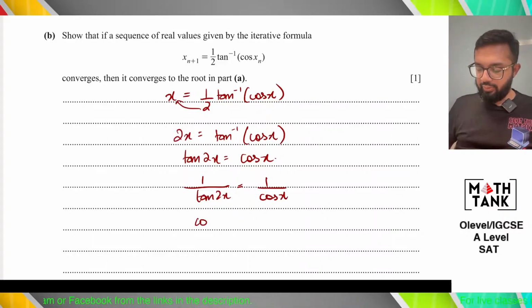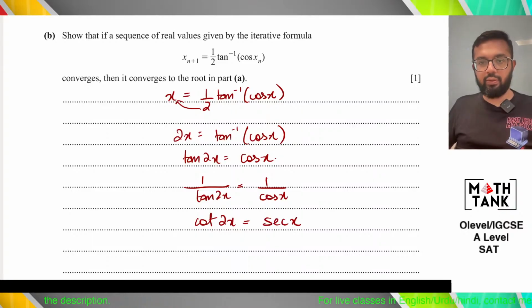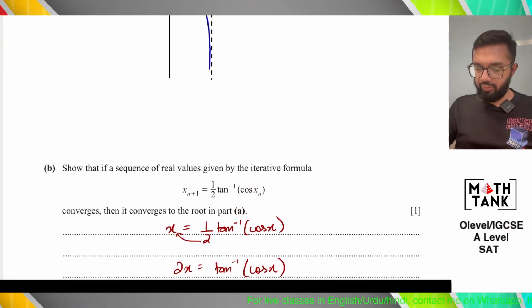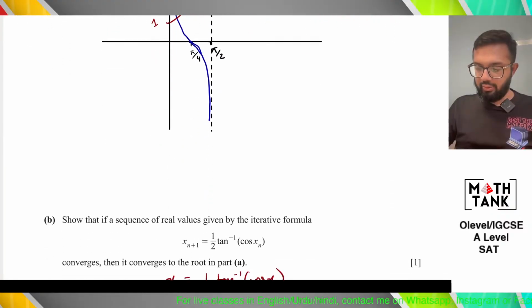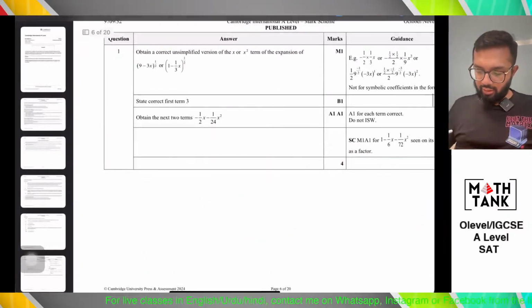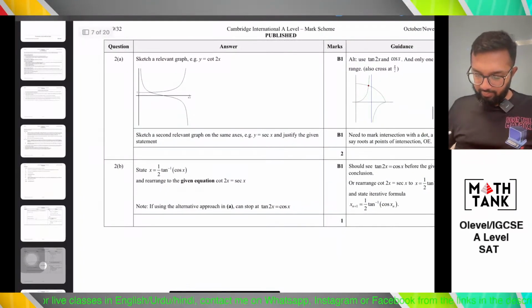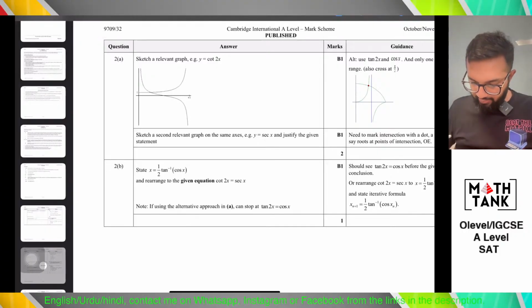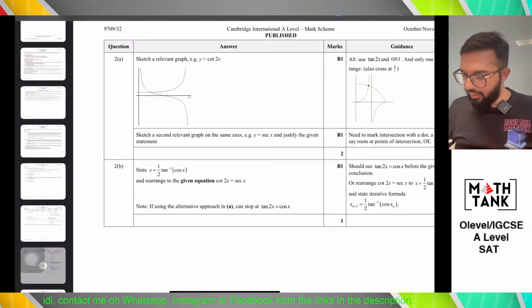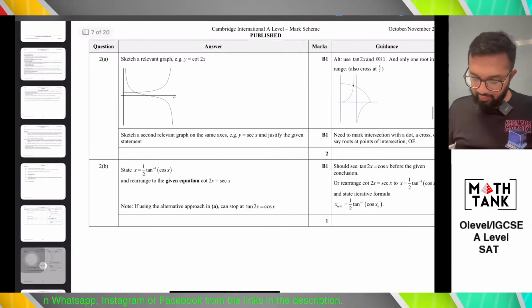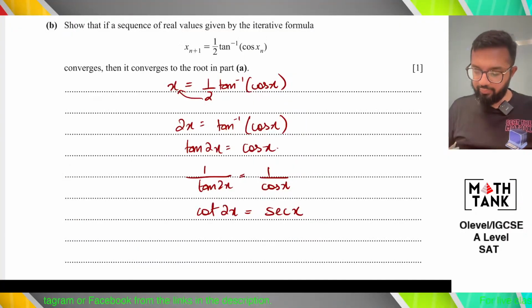So this becomes cot 2x and this becomes sec x. So I've shown to you that that's true. Let's check quickly if we've messed something up. I think we are all fine in terms of the graphs and in terms of the solution as well.